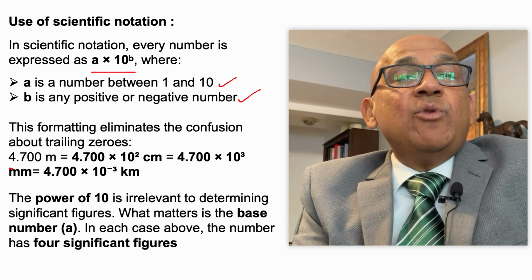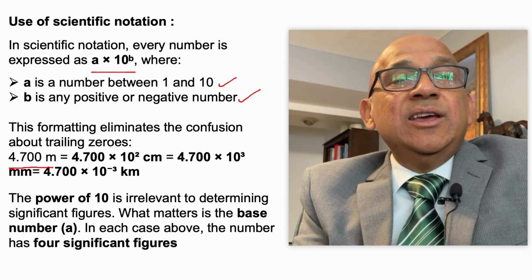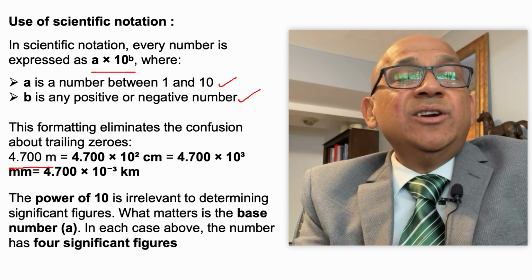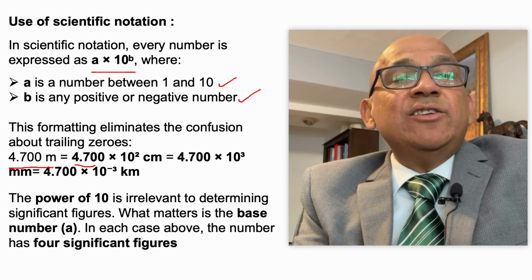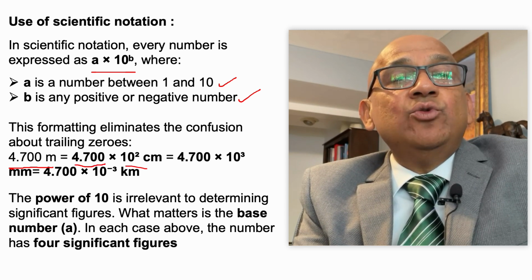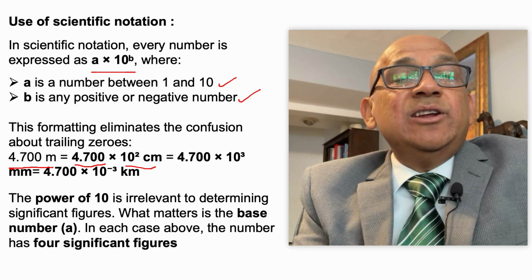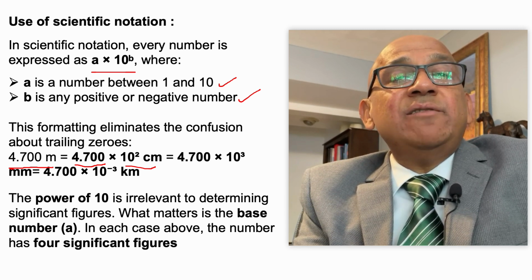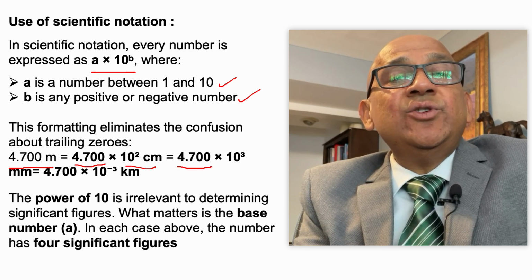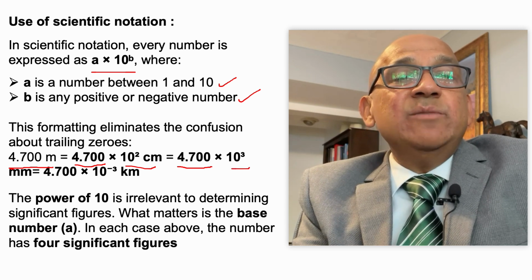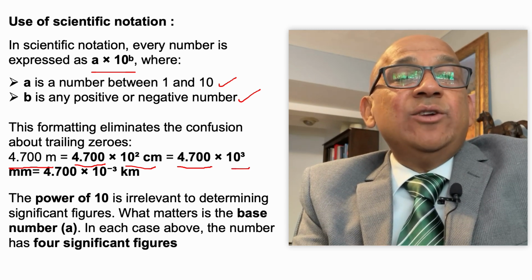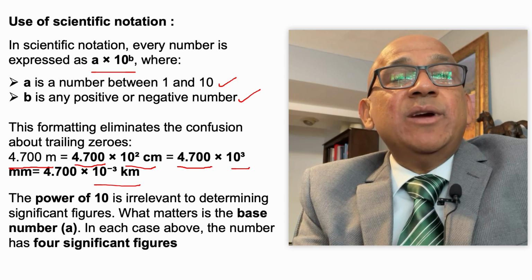For example, 4.700 meters, if I want to convert it to centimeter, I will just write 4.700 times 10 to the power 2 centimeter. Similarly, in millimeters, I will keep 4.700 times 10 to the power 3 millimeter. And similarly, in kilometers, 10 to the power minus 3.